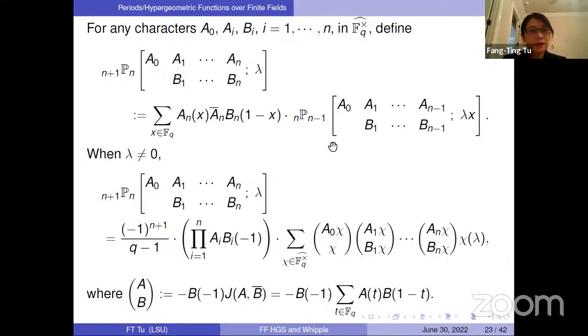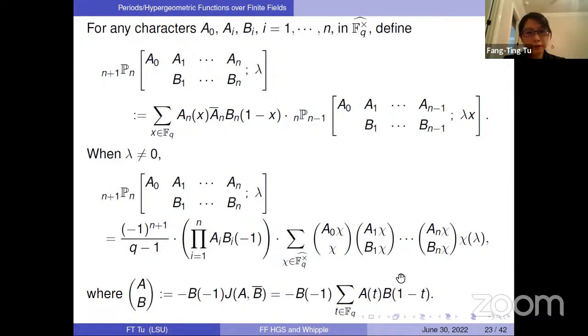When lambda is not equal to 0, using the finite field version of the binomial theorem, we can rewrite this P function in terms of finite field binomial coefficients, which are normalized Jacobi sums, like this. So we can express the P function in terms of Jacobi sums and Gauss sums as well. So this is a finite field version of a period function.